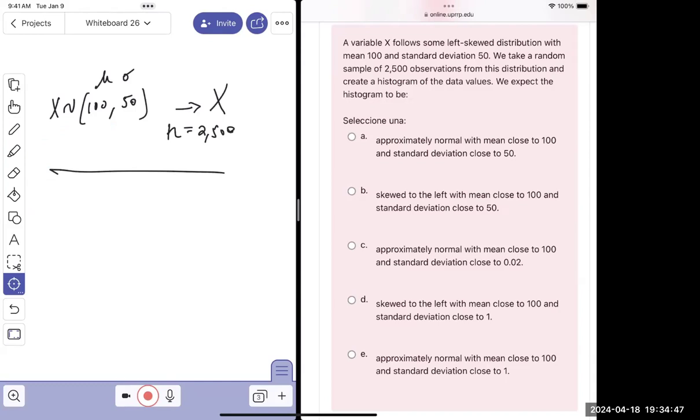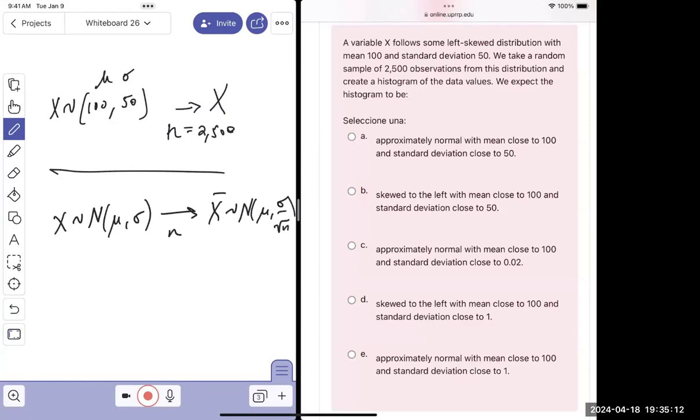Well, we didn't learn about that exactly, but I think it's pretty clear. So we learned if we have a normal distribution with a mean and a standard deviation, and we take a sample, then the sample mean will also be normal, same mean, but a smaller standard deviation.